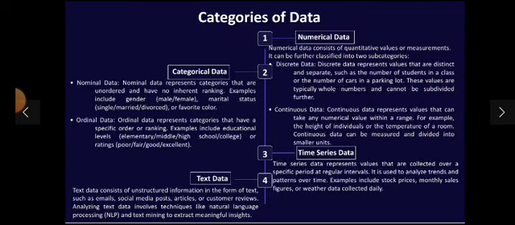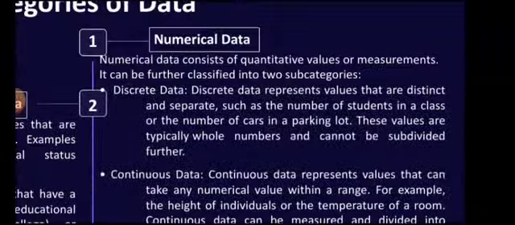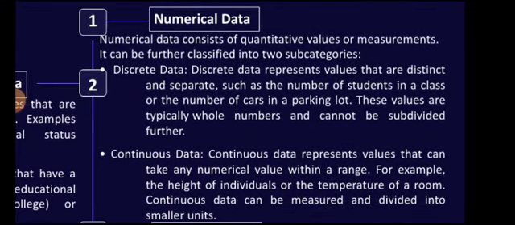Now, let's look at categories of data. Since we are looking at data, there are different categories of data which we are going to look at. Number 1 is numerical data. Numerical data consists of quantitative values or measurements, and these numerical data can be further subcategorized into two.